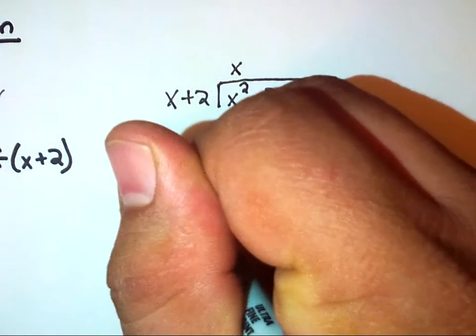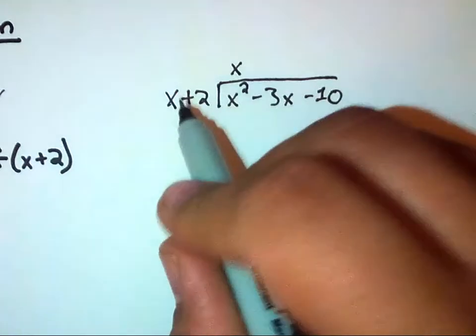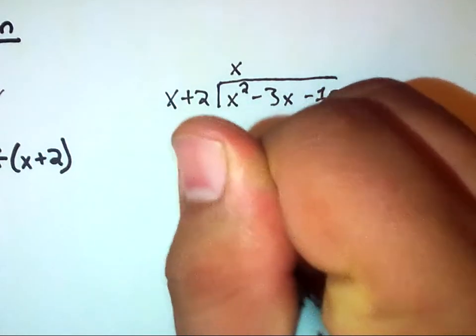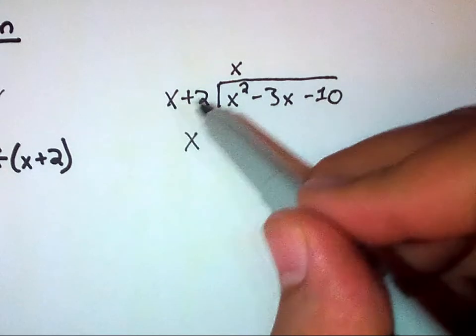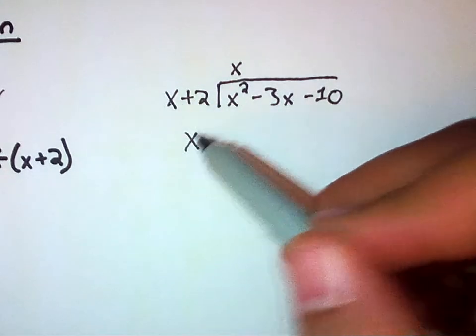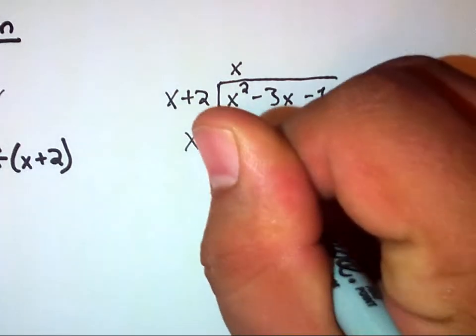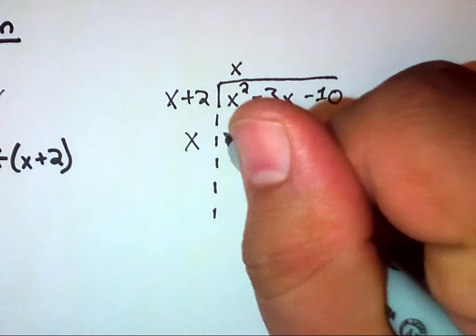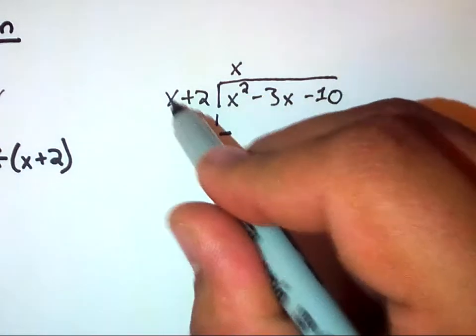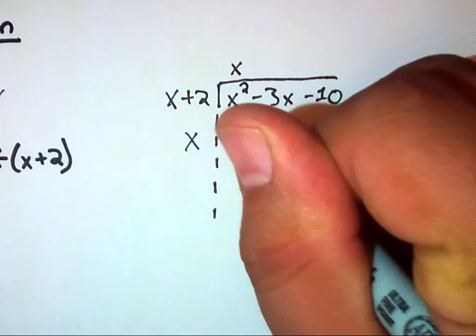What I usually do is right underneath it, I write x, because that reminds me I'm going to take this up here and multiply it by x. And just to show that there's still a separation line, you're going to subtract.